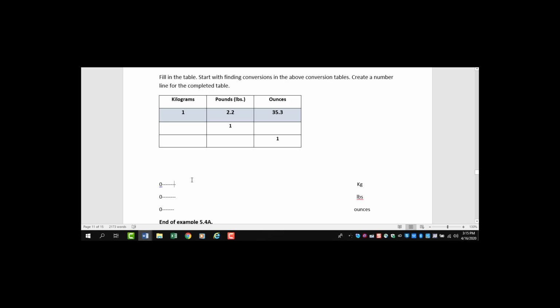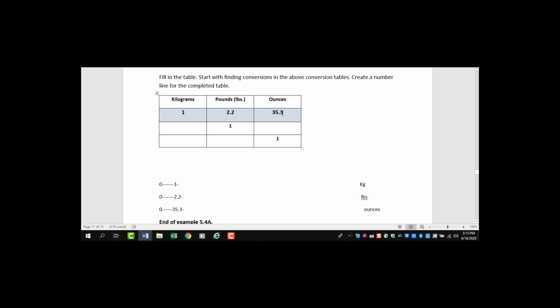You've got 1 kilogram, these are kilograms, and that's the same as 2.2 pounds, and that's the same as 35.3 ounces. So that's how you read this chart.